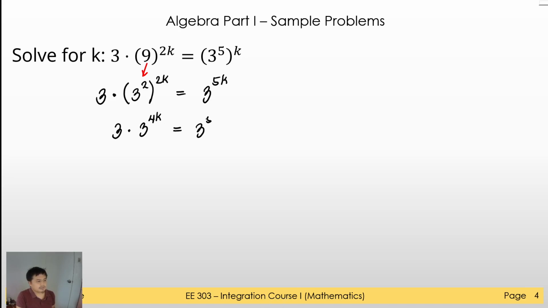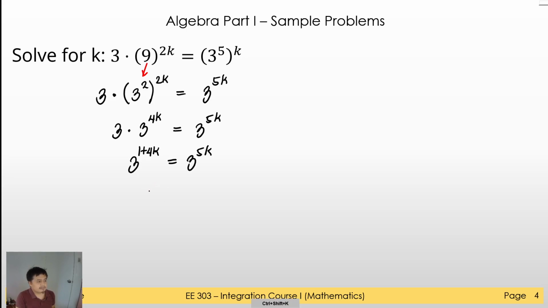And then this one. We have a property in exponential multiplication, where if you multiply two terms with the same base, then we can rewrite this one as 3 raised to 1 plus 4k, and that equals 3 raised to 5k.